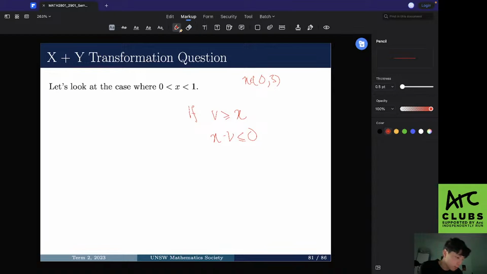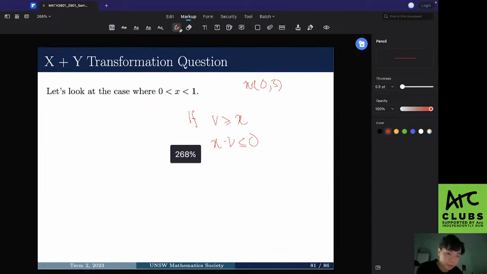So what that means is, for the product to exist, we need x minus v to be greater than 0, and that gives us a bound: x greater than v. So this actually acts as an upper bound for our v, right? Because our product only exists if the specific x value is greater than our v value.